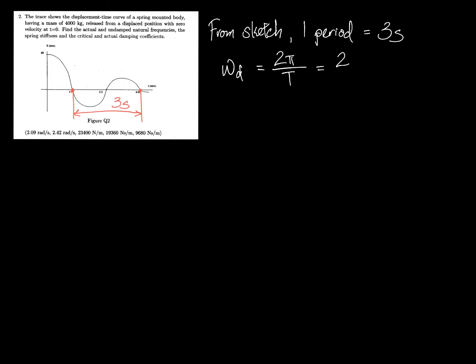So if we substitute 2 pi over 3, we'll get 2.094 radian per second. Okay, so the first unknown, omega d, is solved.